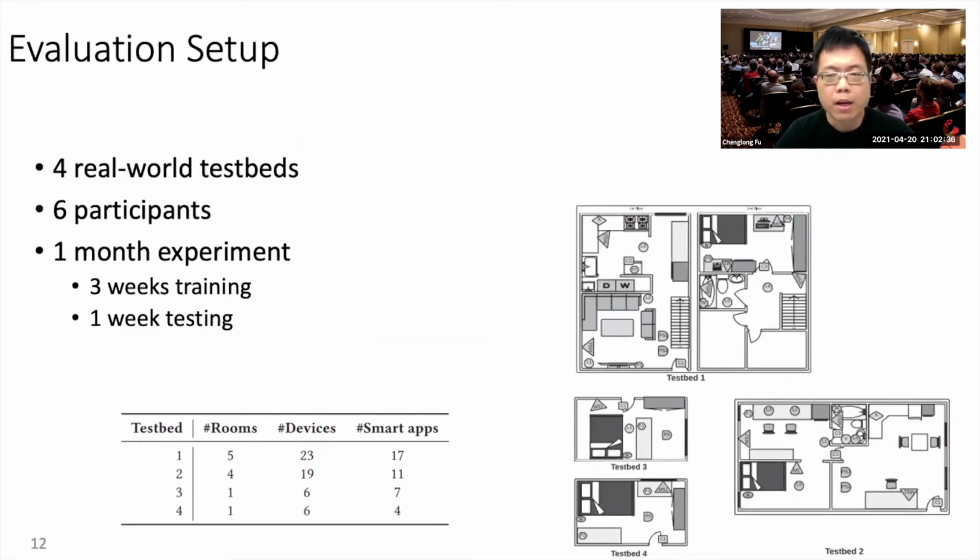We evaluate our proposed system in 4 real-world testbeds, and there are 6 participants in our experiment. We conduct our experiment for 1 month, and we use 3 weeks for training and 1 week for testing.